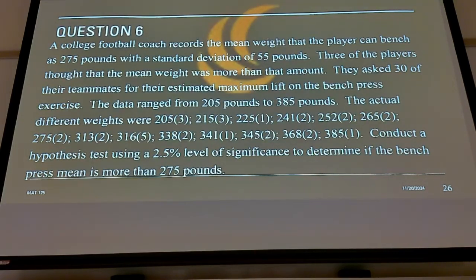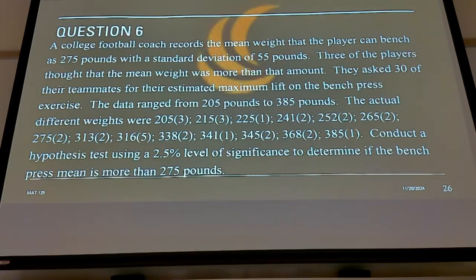Is our sample size, so first off, is our population normal? The population. It doesn't say if the population is normal or not. Nothing was said. But if you think about it, it wouldn't be.